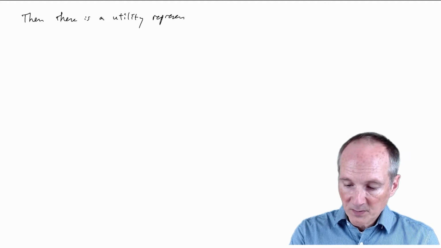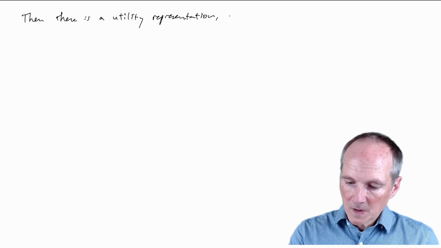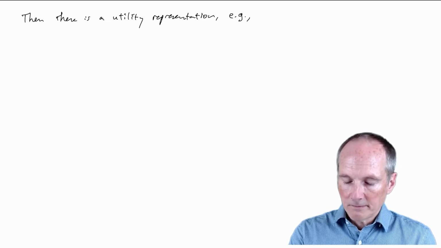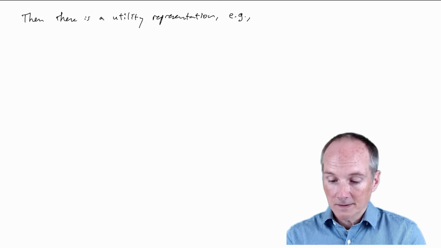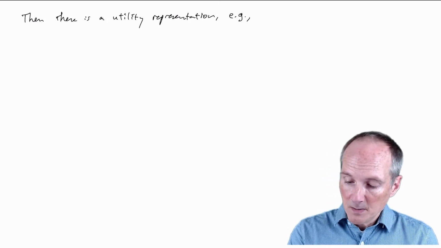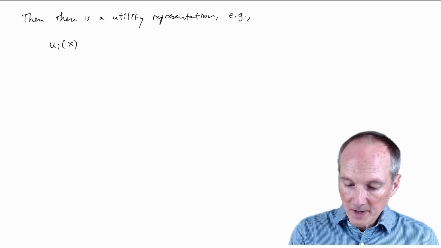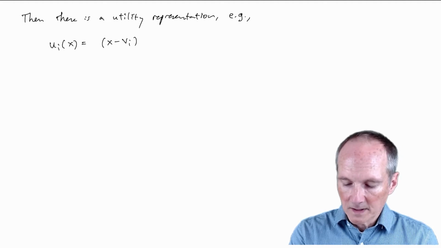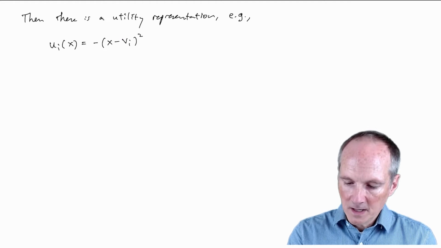So if you have Euclidean preferences, then you're going to have a utility representation. There's going to be a host of different utility representations, but one possibility would be quadratic, which is when we look at the distance between X and the ideal point, we square that and multiply it by -1.